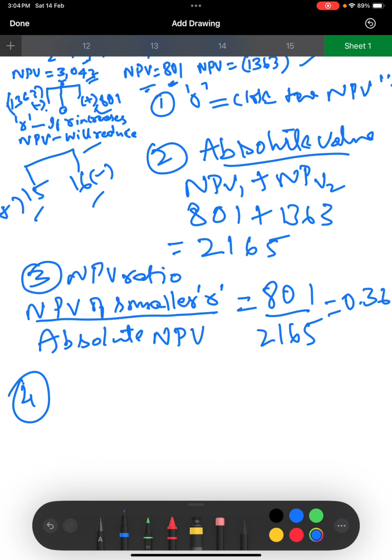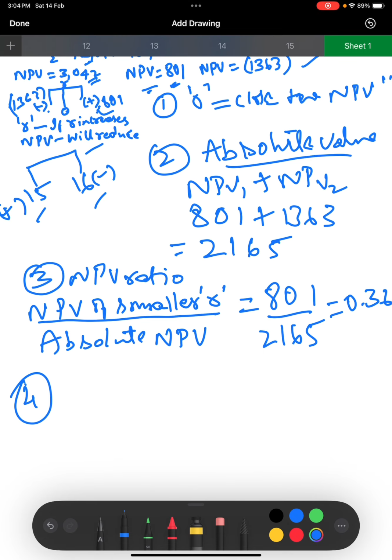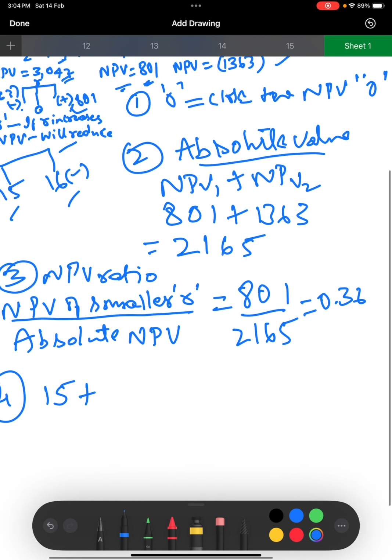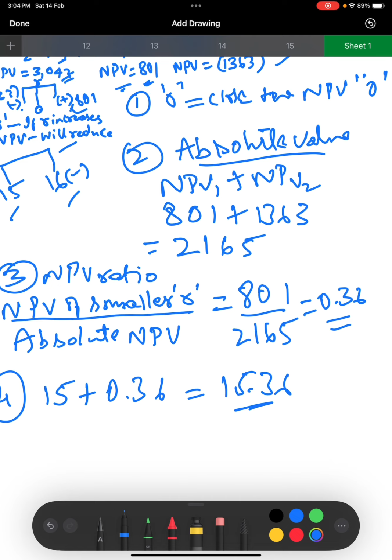Now the fourth step is just to add the smaller r. Our smaller r is 15% plus whatever you got in step 3, which is 0.36. So IRR is 15.36. You can also cross verify this.